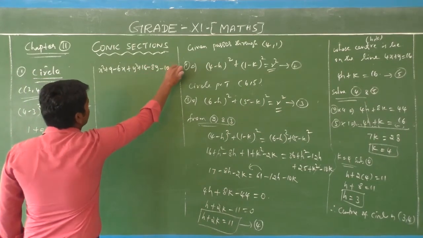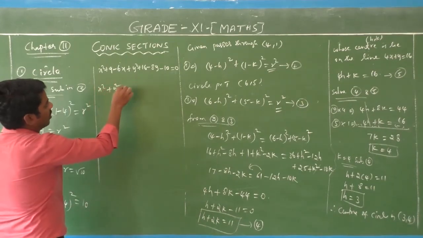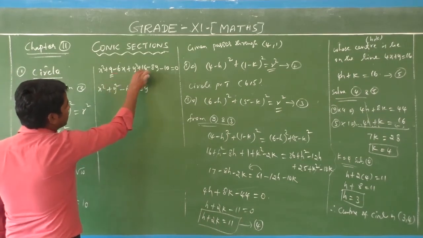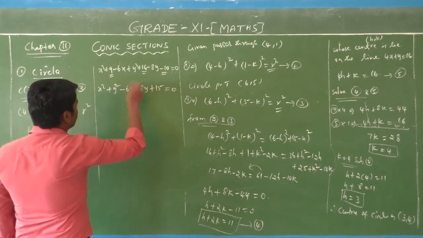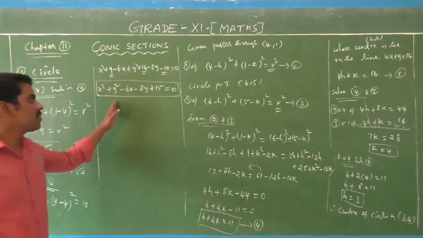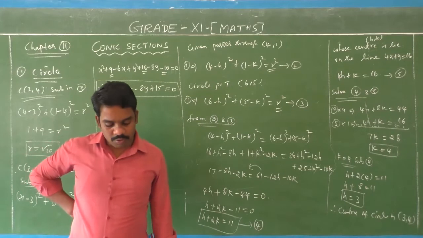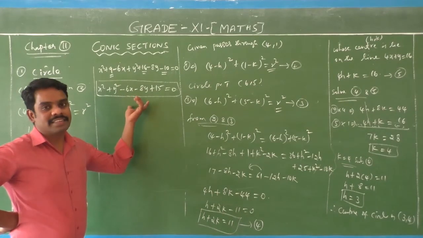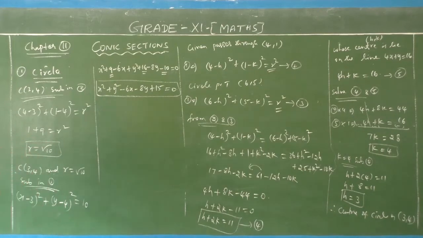Minus 10 equals 0. So x square plus y square minus 6x minus 8y plus 9 plus 16 is 25, minus 10 is plus 15 equals 0. Therefore, the required equation of this circle is x square plus y square minus 6x minus 8y plus 15 equals 0. This circle passes through (4, 1) and (6, 5), and the center lies on the line 4x plus y equals 16. Okay? Right.